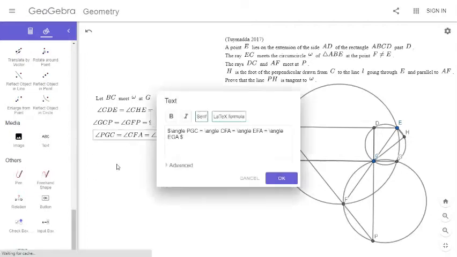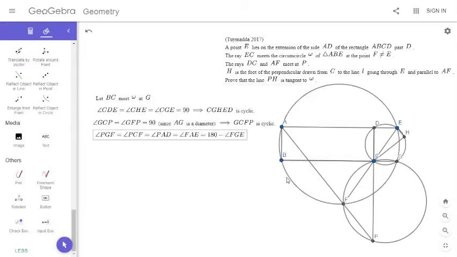Yeah, I'll do it like this. PGF is PCF, which is angle PAD, which is equal to angle FAE, which is 180 minus angle FGE.